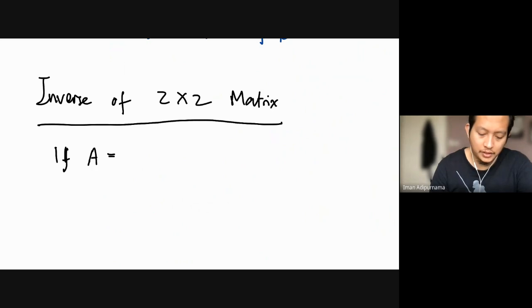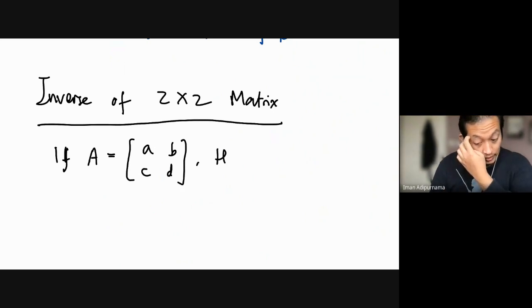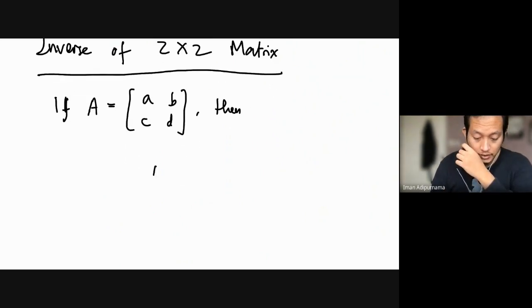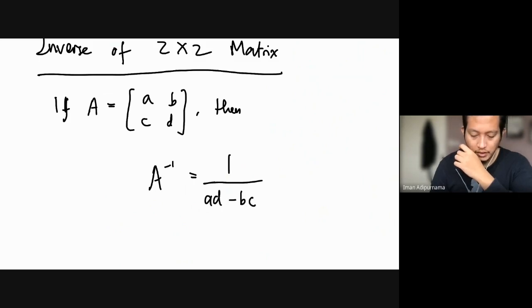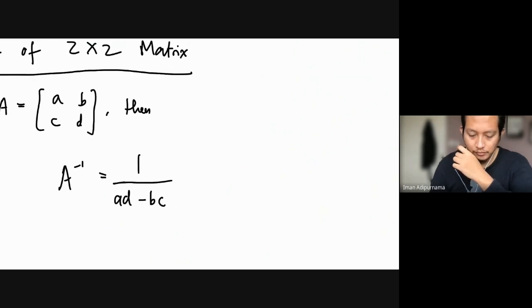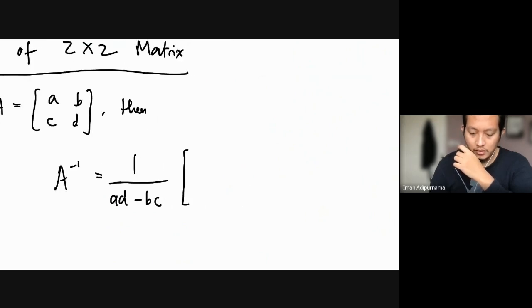So if A is this, then the inverse has this factor, the determinant, AD minus BC, and we slightly change the order, so this becomes D, A, and this is still B but taking the negative.